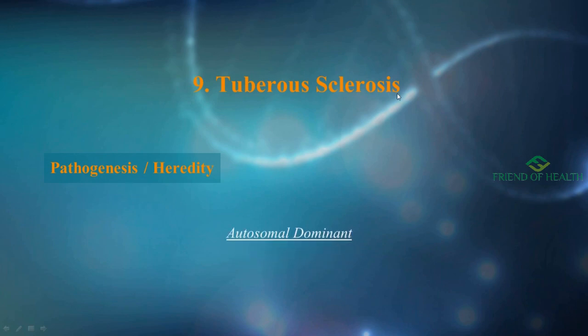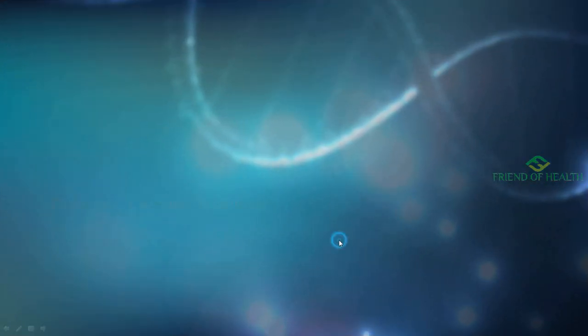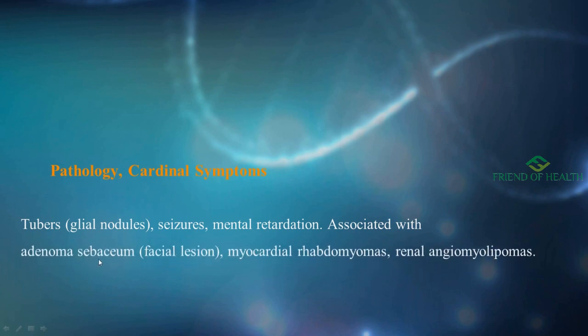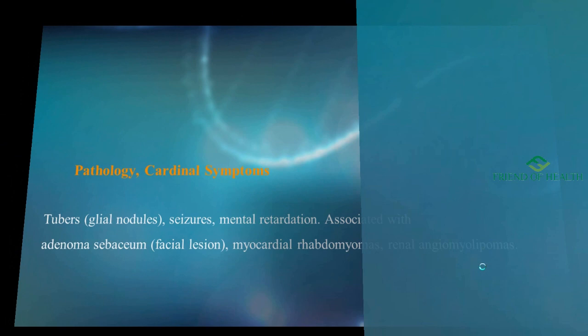Keep it in mind, autosomal dominant, and you should know the cardinal symptoms: tubers or glial nodules, seizures, mental retardation, associated with adenoma sebaceum, facial lesions, myocardial rhabdomyomas, and renal angiomyolipomas.